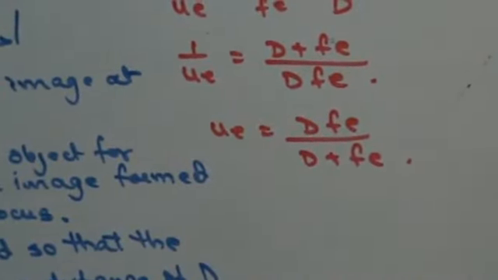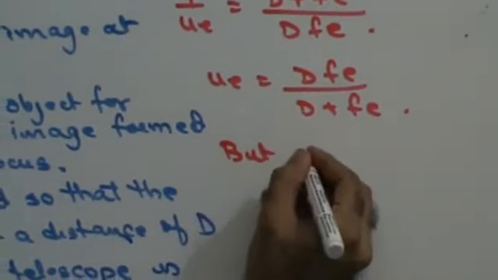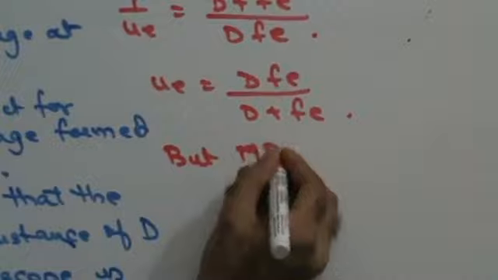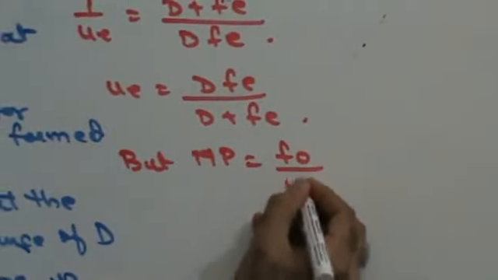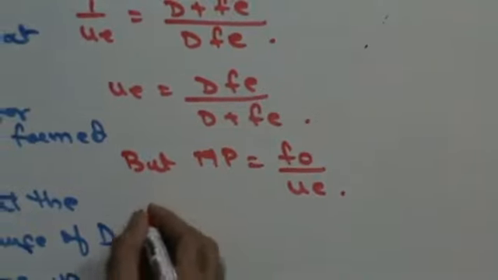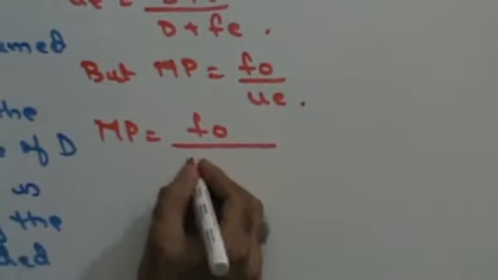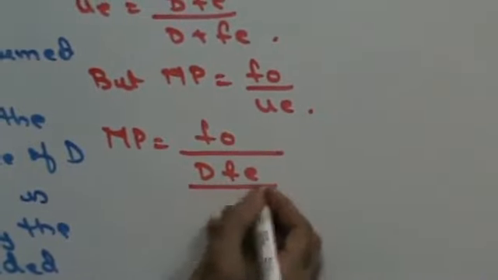Now, we know that magnifying power is F0 upon UE. I have just found the value of UE, so magnifying power is F0 upon D into FE upon D plus FE.